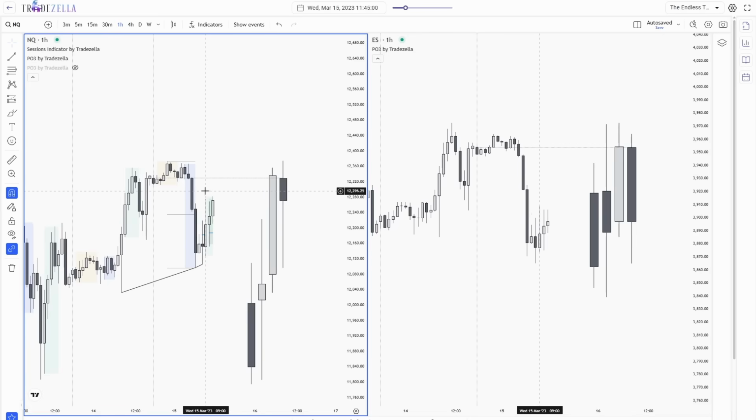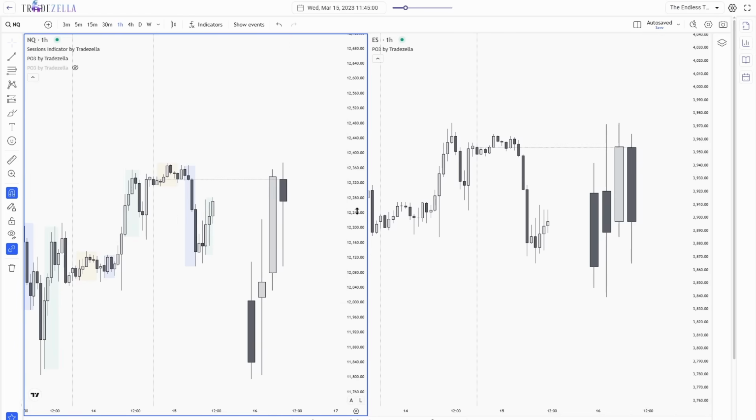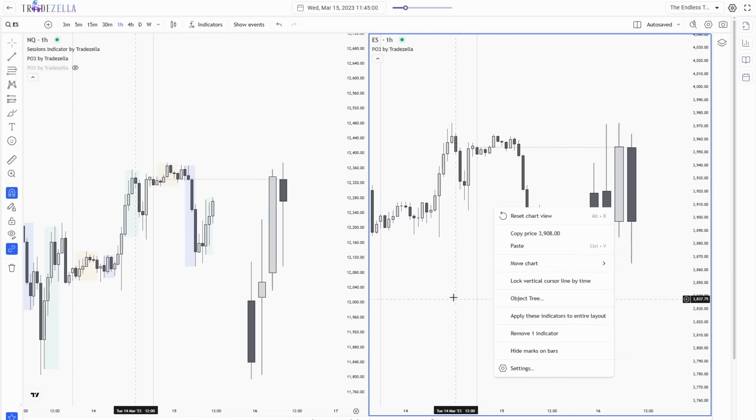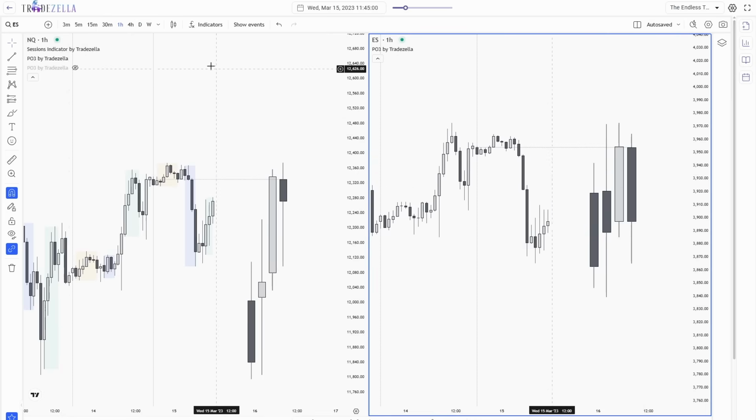So this is the lower probability setup because first we had a conflicting daily bias, secondly we had a large daily wick, so I will mark it as a B setup. Sometimes in the real charts I'm not taking setups like that, but backtesting is for learning purposes.